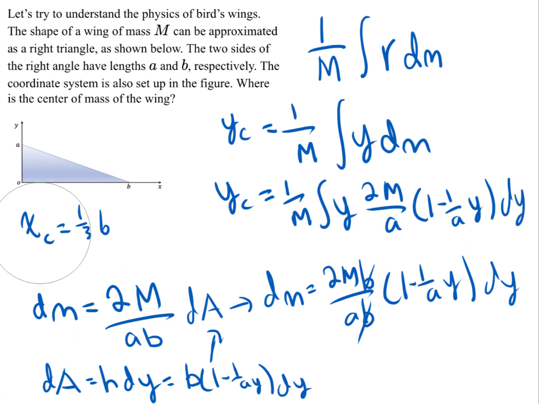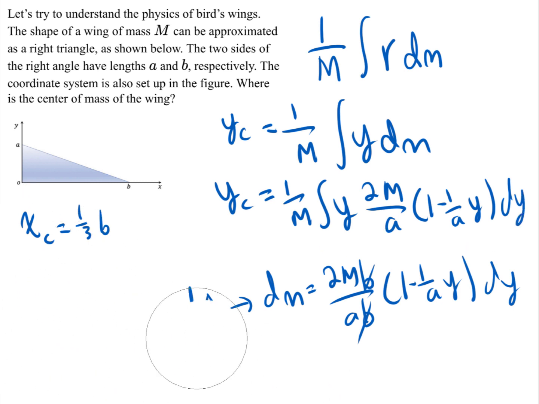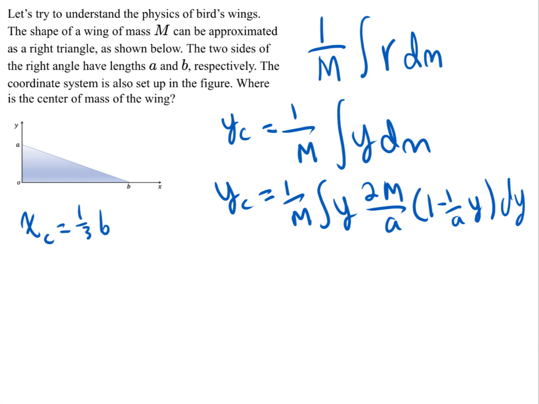And now again, we just need to evaluate this integral, which is pretty much the same thing, but just with the variables reversed. So again, the masses cancel, so the y-coordinate for the center of mass is going to be equal to 2 over a times the integral. And again, this is from 0 to a, since we're integrating along the y-axis this time.